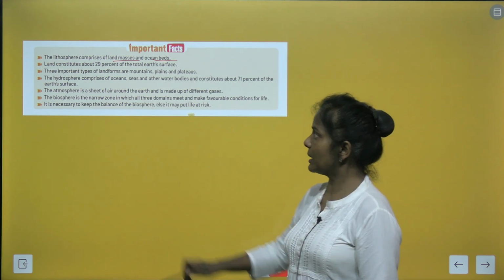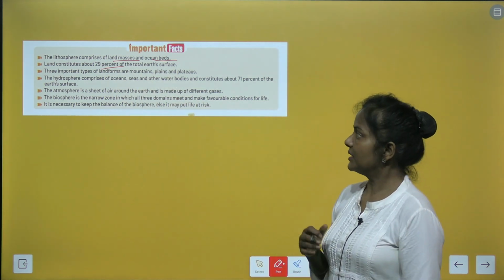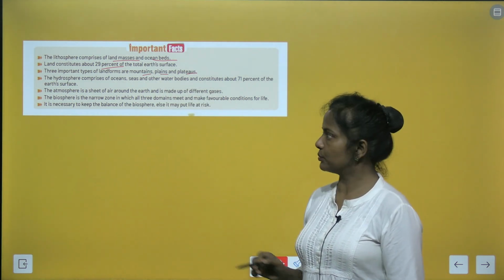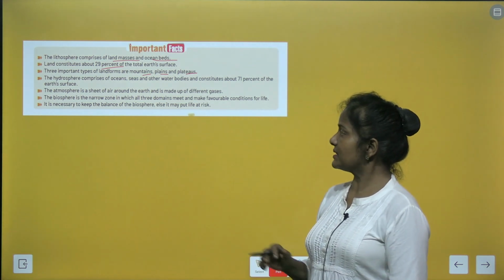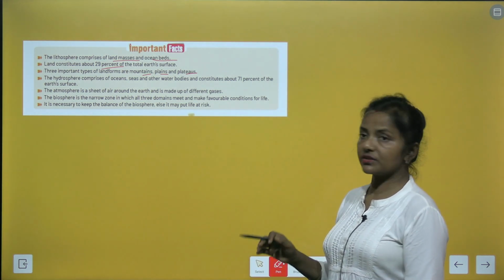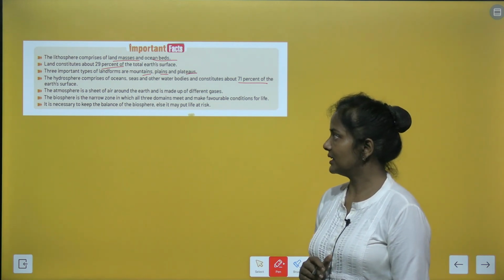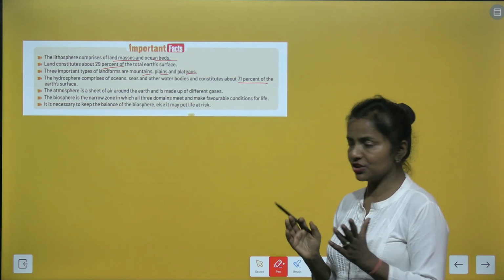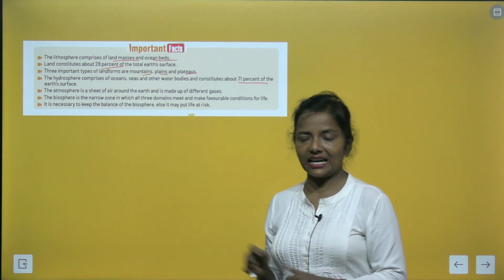Land constitutes about 29% of the total Earth's surface. Three important types of landforms are mountains, plains, and plateaus. The hydrosphere comprises of oceans, seas, and other water bodies and constitutes about 71% of the Earth's surface. The atmosphere is a sheet of air. Air की एक sheet है around the Earth and is made up of different gases.